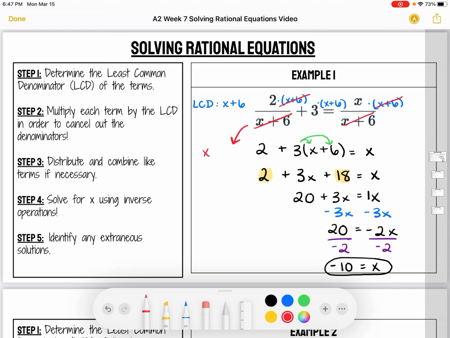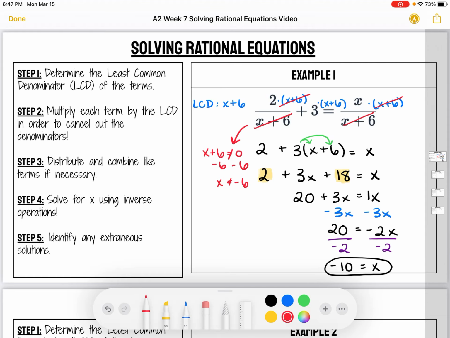If you're not sure, you can always set the denominator equal to 0, because we're saying x plus 6 cannot be equal to 0. And if I subtract 6 on both sides, that tells me x cannot be equal to negative 6. So you can do that work if you want, or you can probably just do it in your head and realize that x cannot be negative 6. So I do not have an extraneous solution because I got x equals negative 10. So it's not negative 6.